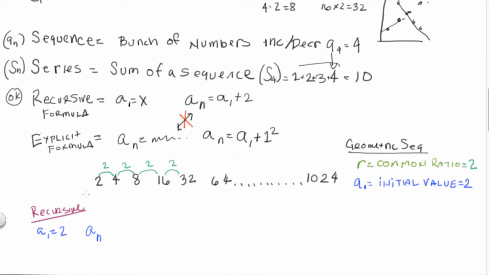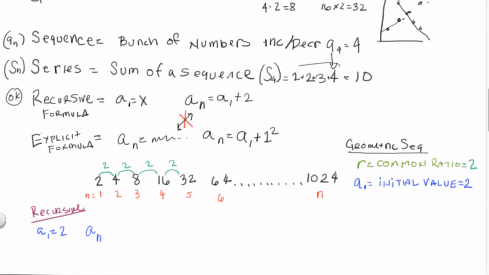N is just the number in the sequence. So this is number 1, this is number 2, this is number 3, this is number 4, this is number 5, this is number 6, and this is N. Any value. So we have this here.